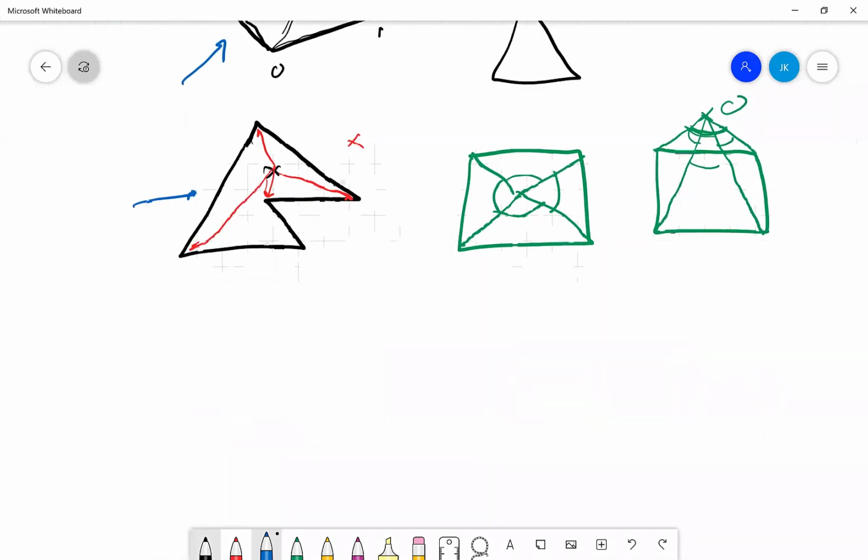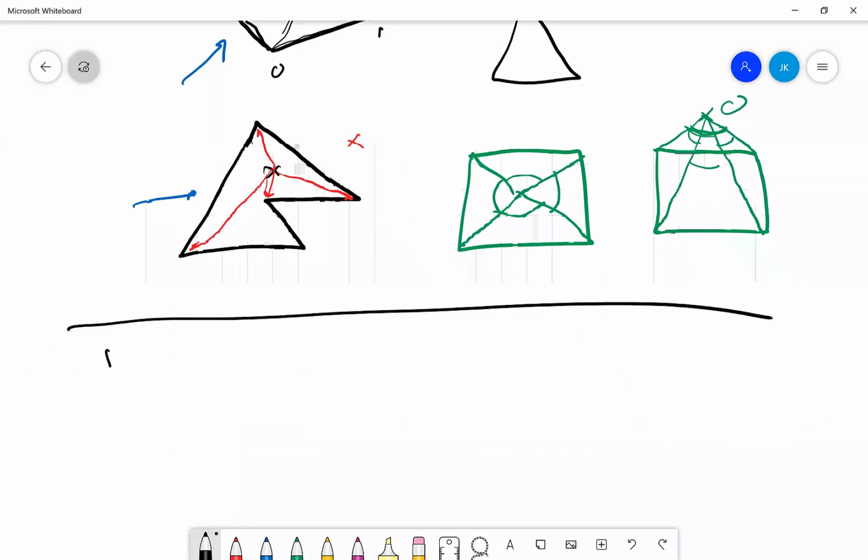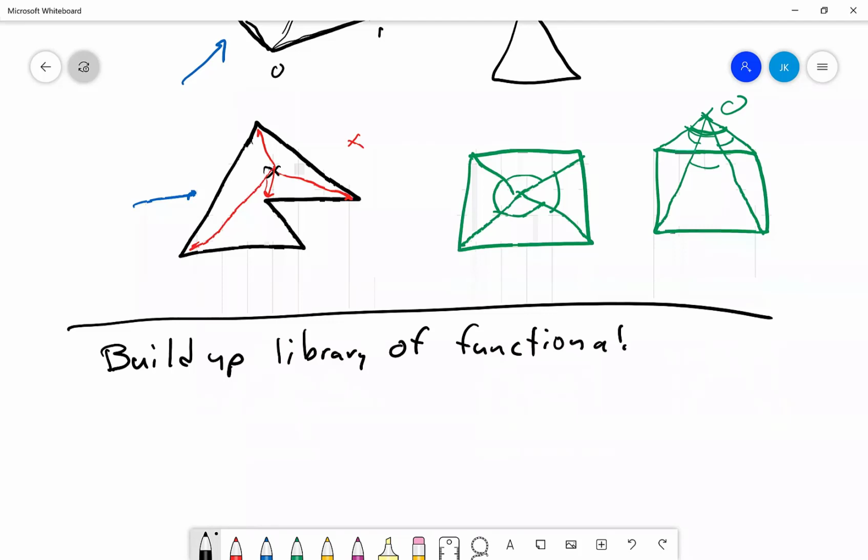So the theme of all of this, again, is build up a basic library of functionality. As you're doing these operations, you should almost never have something more than 10 or 15 lines, and often it's just 1 or 2 or 3 lines of code to do any one thing.